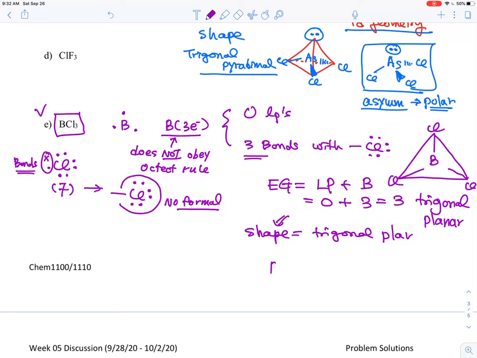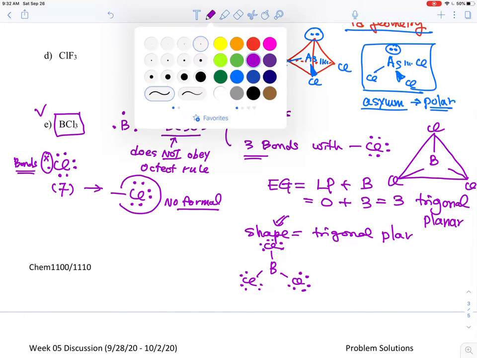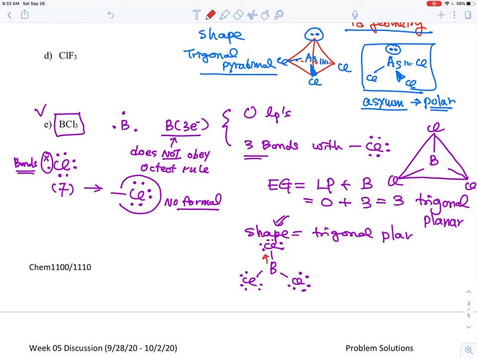So again, now I'm going to show you this way: boron with chlorine, chlorine, chlorine, and I want to show you that they're all satisfying the octet rule, and this one is essentially symmetric.